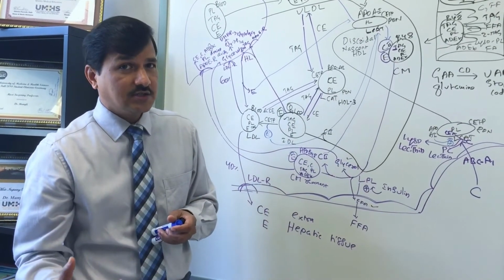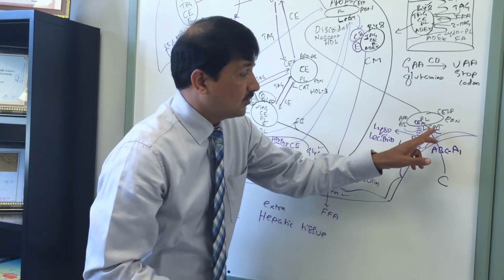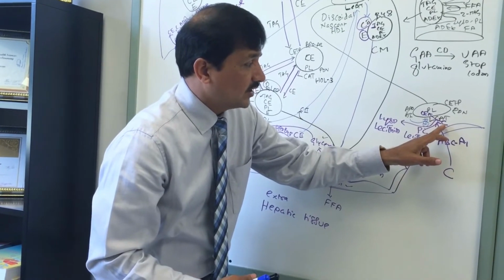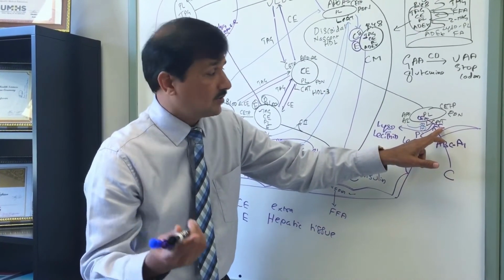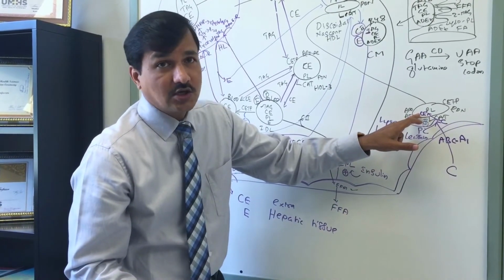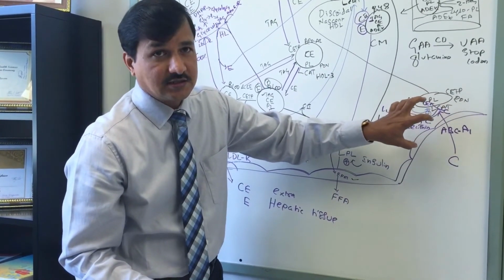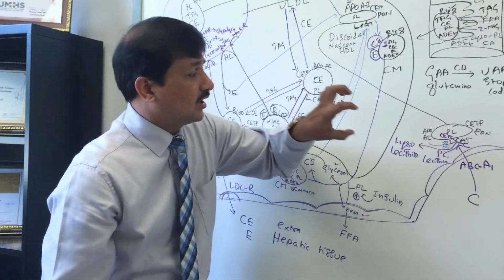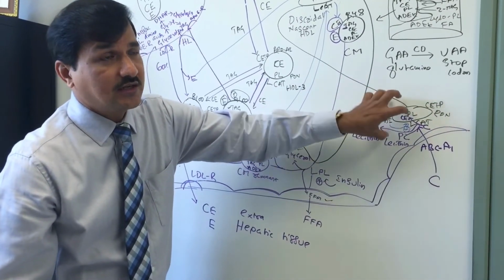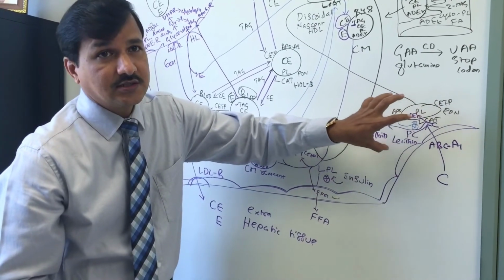Where did that fatty acid go? That fatty acid is taken up by LCAT, which inserts that fatty acid into cholesterol at the hydroxyl group at the third carbon, and converts that into cholesterol ester. That is the function of LCAT. So LCAT converts cholesterol into cholesterol ester and loads it into the center of the discoidal nascent HDL molecule.